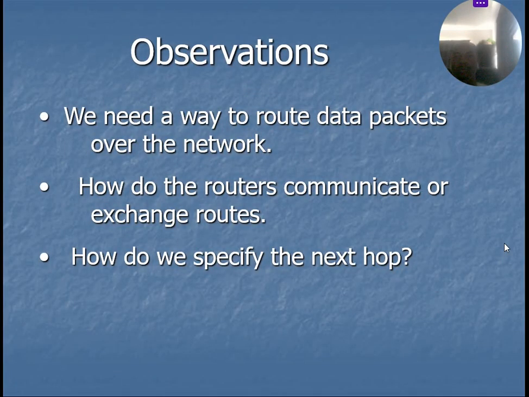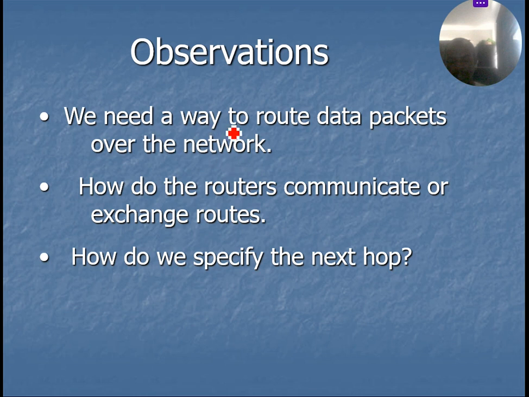Now, to begin properly, we have to look at the observations. What are the observations that are very predominant in this chapter or sub-chapter? One of them is that we need a way to route data packets over the network. So that's the first observation.